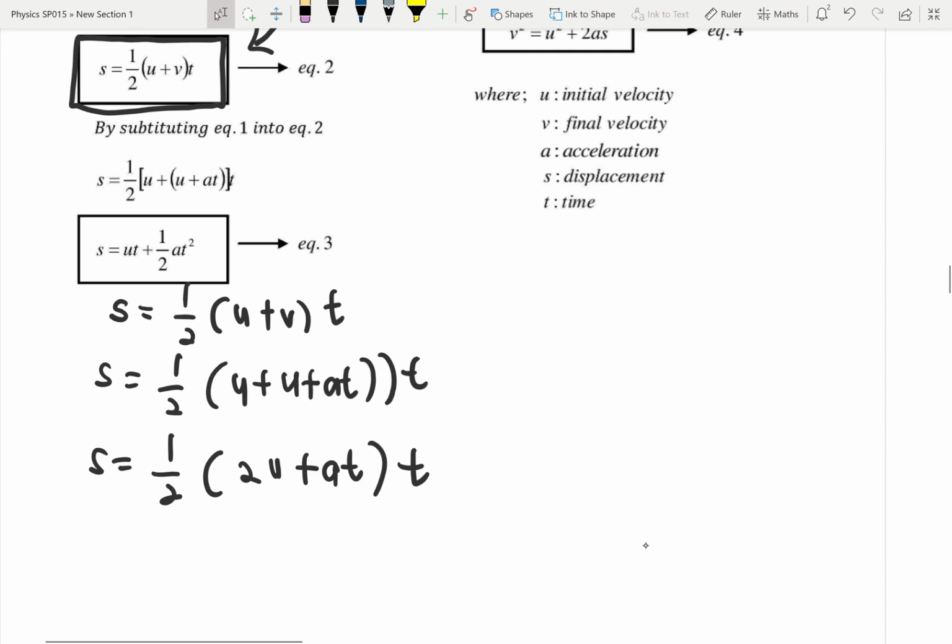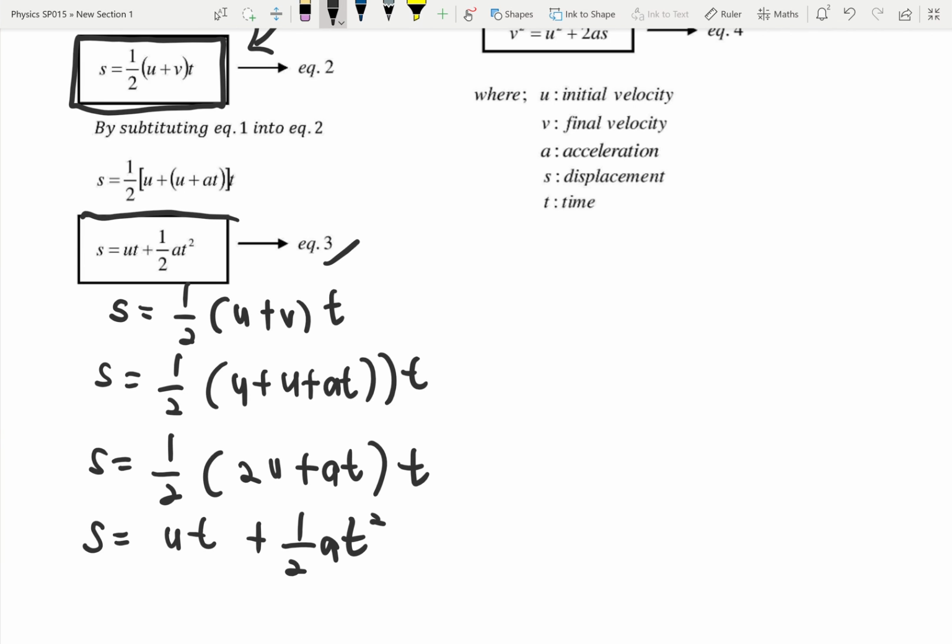Then half times 2u gives u, times t gives ut, and half times at times t gives half at squared. Now we get the third equation: s equals ut plus half at squared.